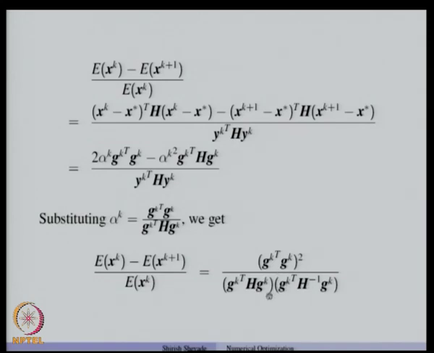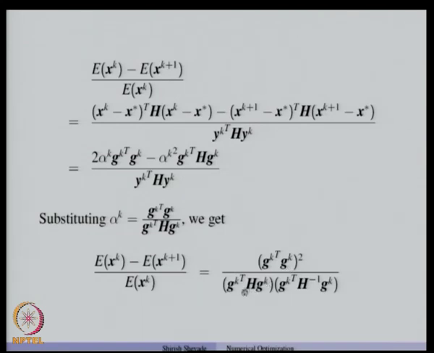Now, can we get a bound on this relative decrease which is independent of this H? One possible thing that we can do is choose g_k to be a norm 1 vector, so that g_k transpose g_k is 1.